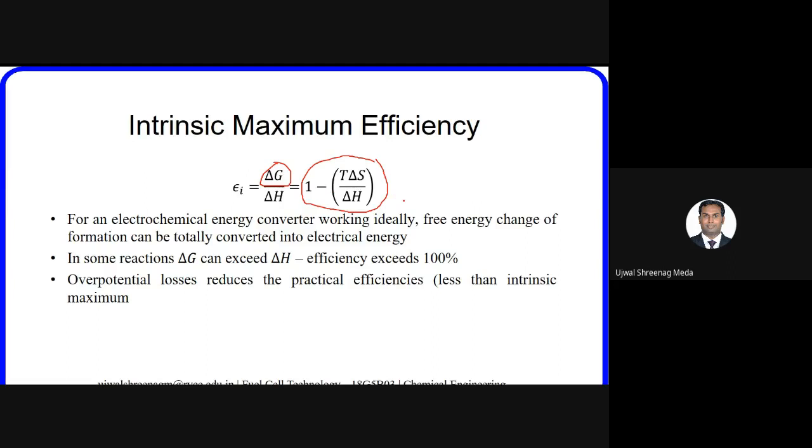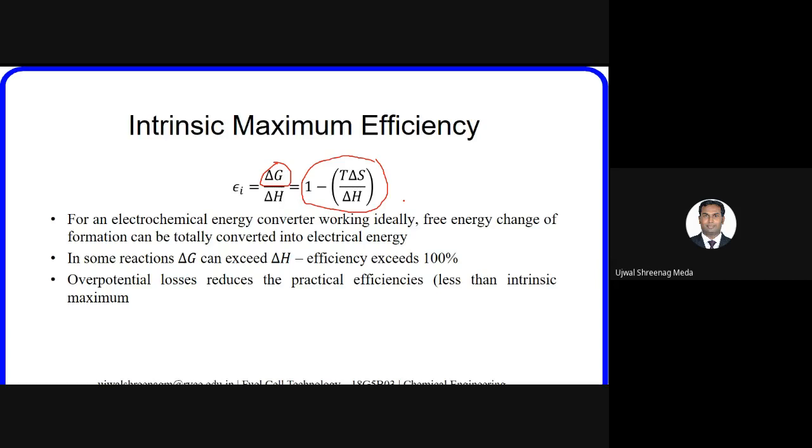So what happens here? This equation, delta G equals delta H minus T delta S, reinforces the observation of decrease in Gibbs free energy with increase in temperature.